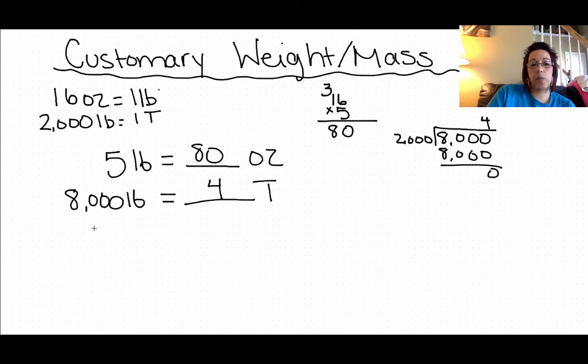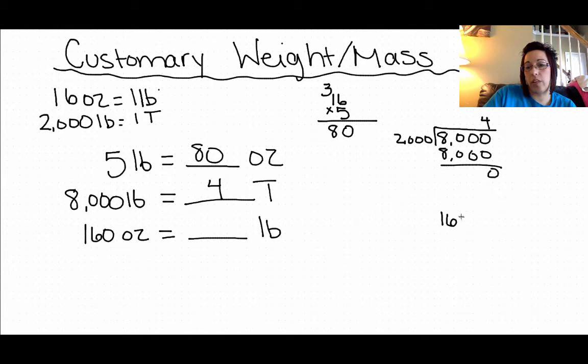So let's say we have 160 ounces and want to know how many pounds that would be. Well, there are 16 ounces in 1 pound. So we take our 160 divided by 16.